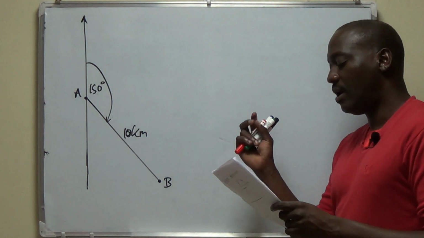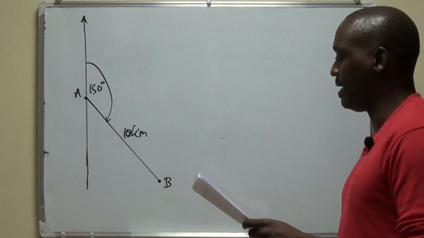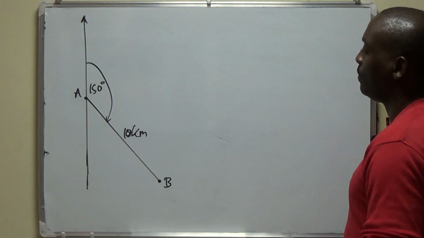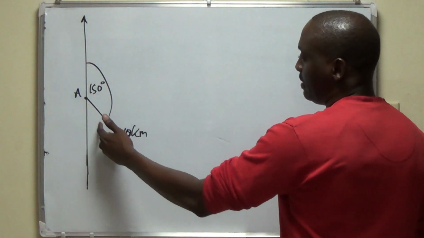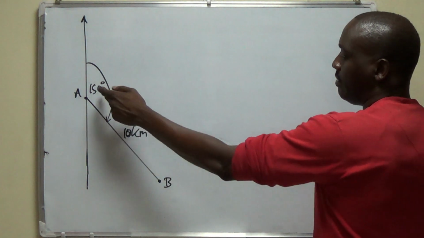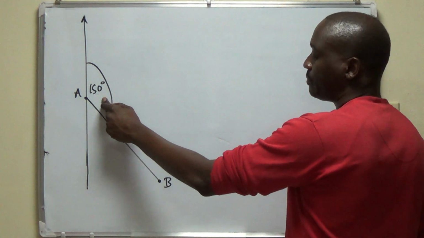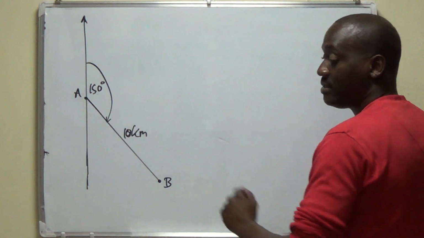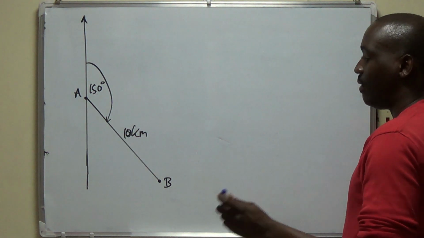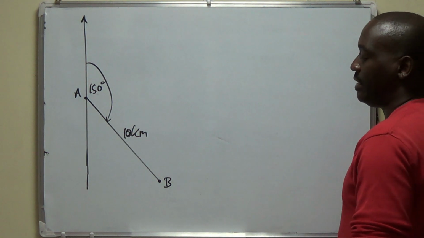The question asks, how far east of A is B? So B is 10 kilometers from A on a bearing of 150 degrees. Using this information, we want to find how far east of A B is.